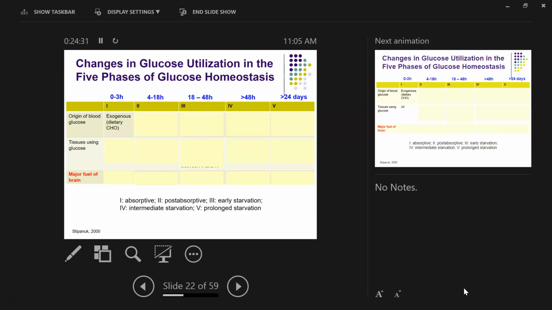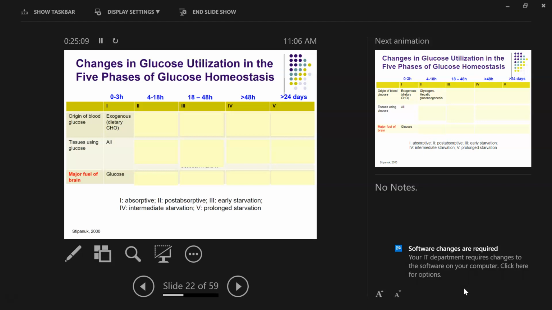What types of tissue are using glucose? This is all tissues. This is a fed condition, basically. So all tissues will utilize glucose from the diet as energy. Okay, so what about the major fuel of the brain during this phase? Of course, glucose.